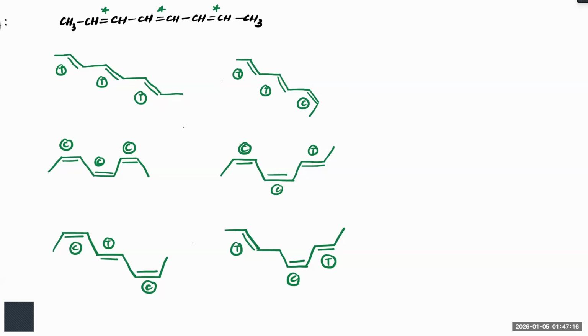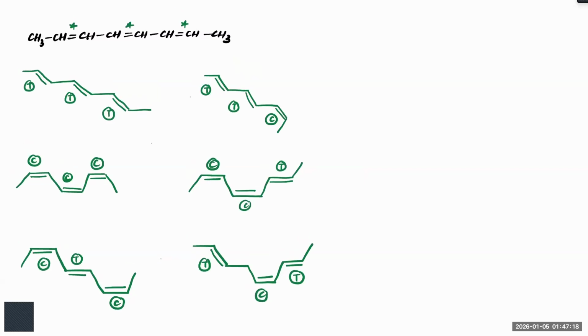Now see when the things will start repeating. Things will start repeating if I take something of this sort here. So I took this as trans here, here I took this as trans, trans.